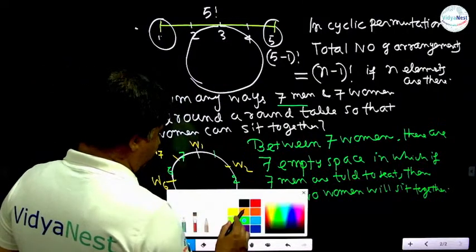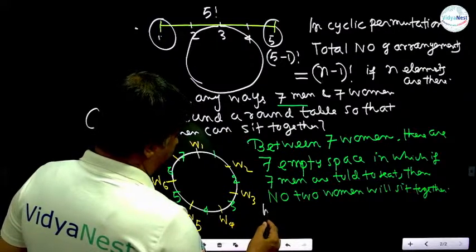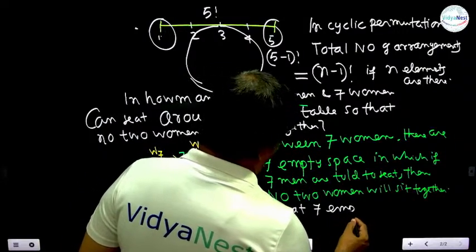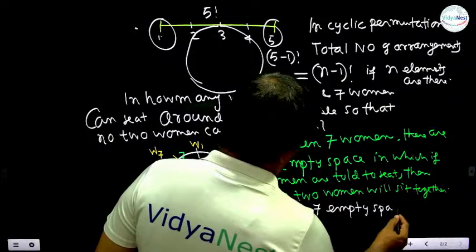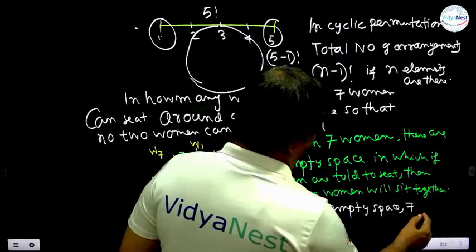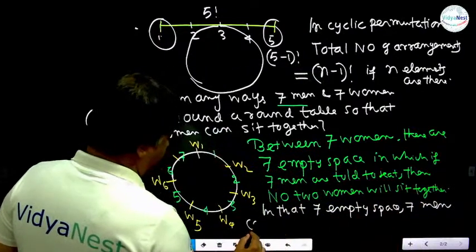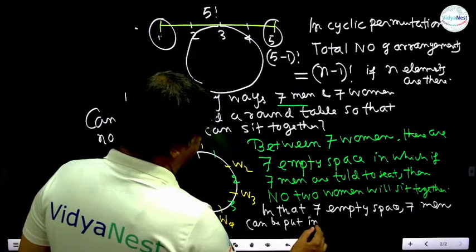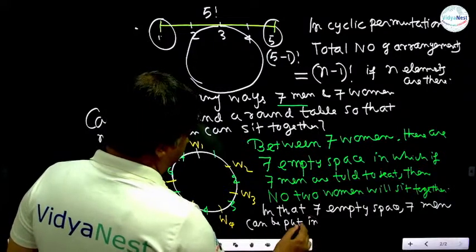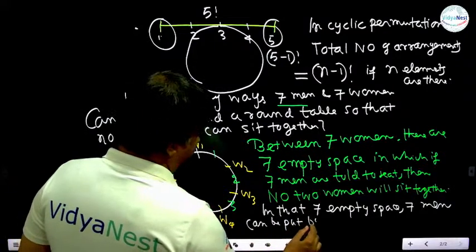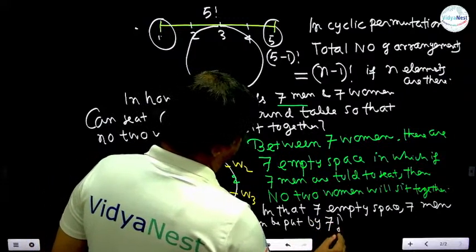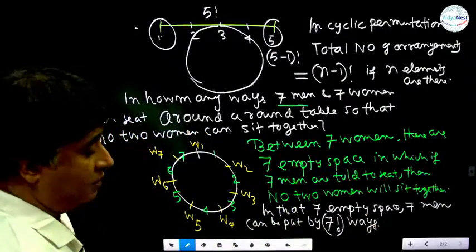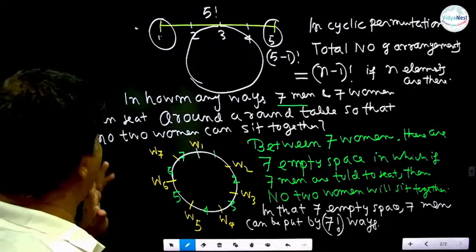So in those 7 empty spaces, 7 men can be put in factorial 7 ways. Now the question is, is this the answer?